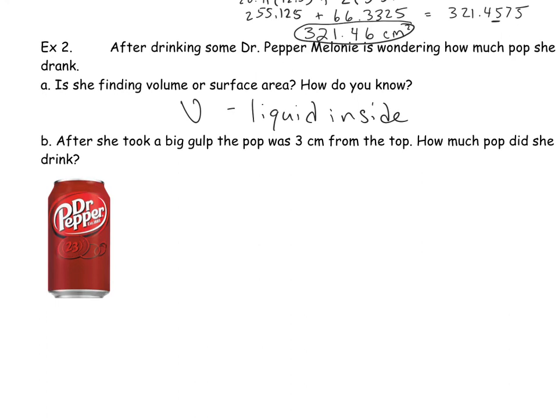So everything is the same except for the height. The height says that she drank some of the pop. After she took a big gulp, the pop was 3 centimeters from the top. How much did she drink? So the height that we are finding is going to be 3 centimeters. Okay?